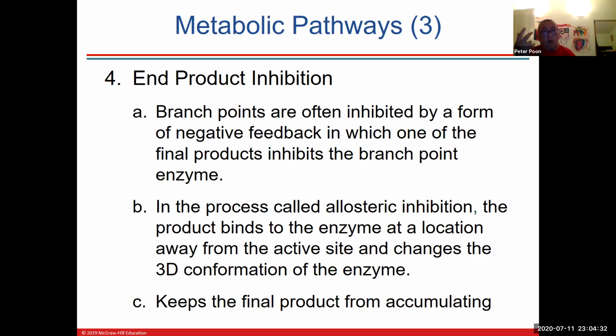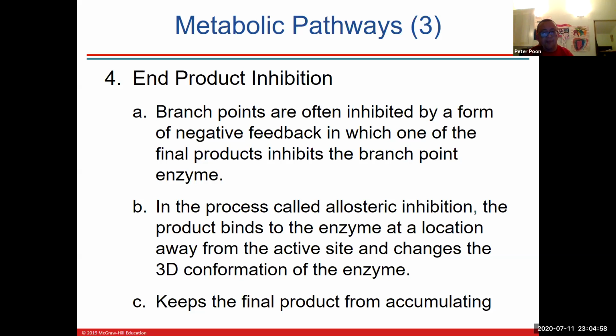So you need to stop that pathway, and how do you know when to stop? When you have a lot of ATP, you don't need to make more. If you don't have enough ATP, you do need to make more. The end product is ATP, so ATP will come back and inhibit one of the enzymes. This process is called allosteric inhibition.